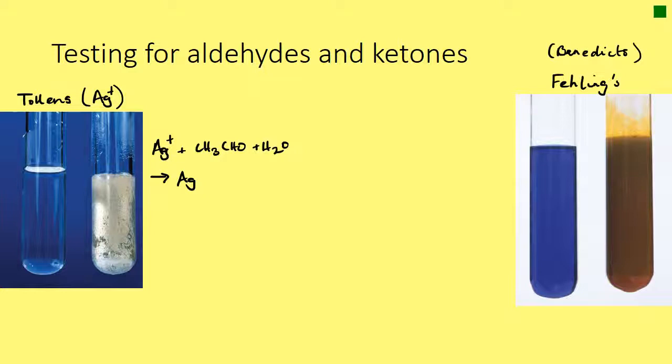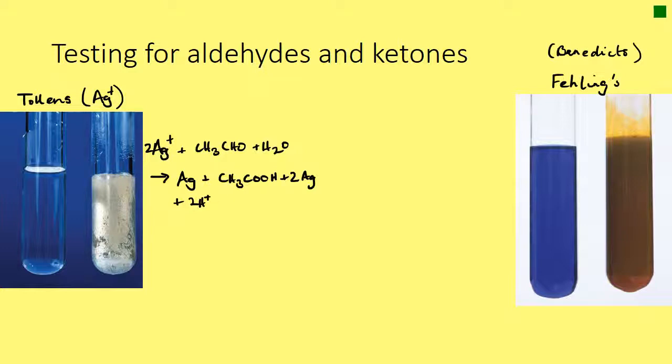which stick to the edge of the test tube and give you a mirror effect. As they get reduced, the aldehyde gets oxidized, and we know when an aldehyde gets oxidized, it's going to make a carboxylic acid, like so. To balance it, we just need 2 of those because we're going to make 2 silver atoms, and we'll make a bit of hydrogen ion, a bit of acid as well.